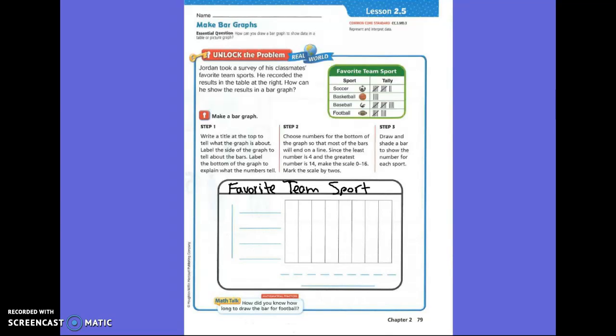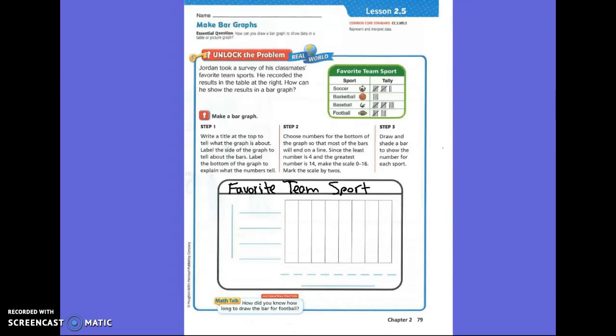Then what are we going to write? After it says to write the title, what does the next part of step 1 say? Label the side of the graph to tell about the bar. Okay, what is the side part going to say? Soccer, basketball, baseball, football.